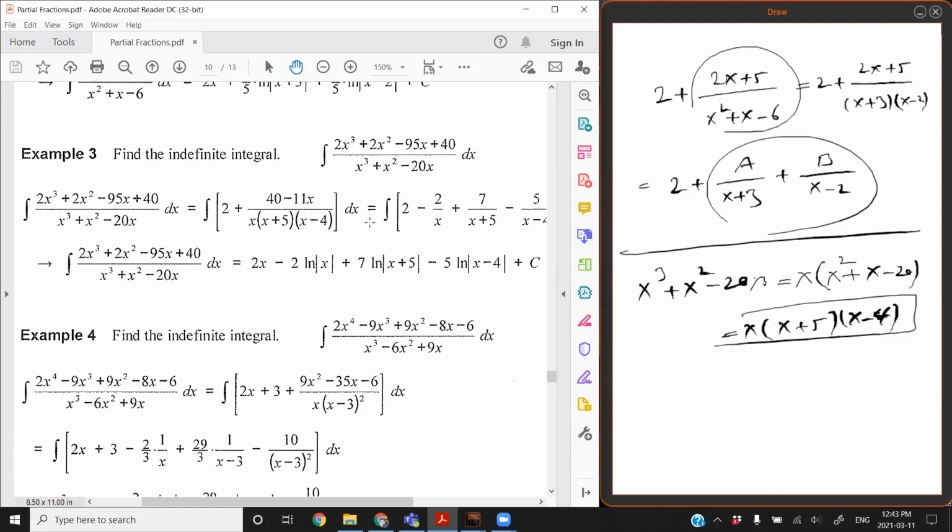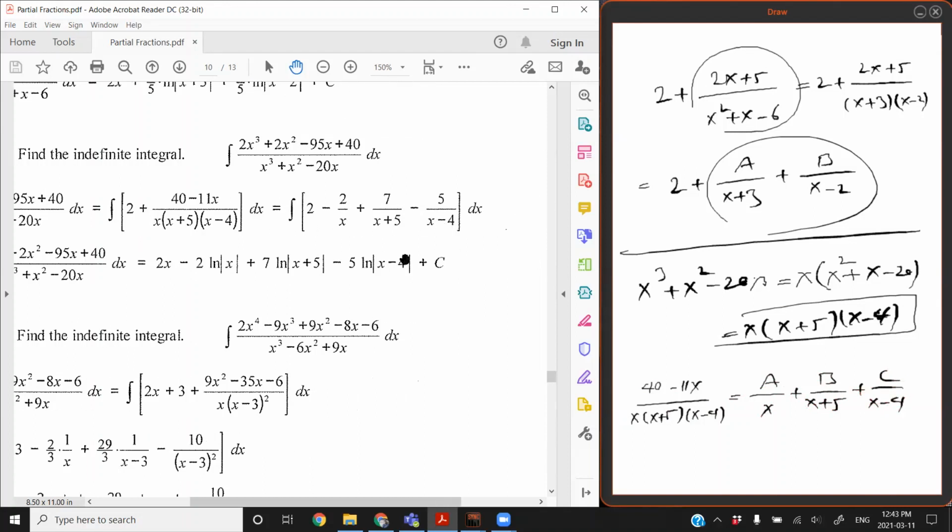You would be able to write this fraction, 40 minus 11x over x times (x plus 5) times (x minus 4), as a over x plus b over x plus 5 plus c over x minus 4. Then you find a, b, and c. It's going to be like that. And then finding the antiderivative of each one is very easy.